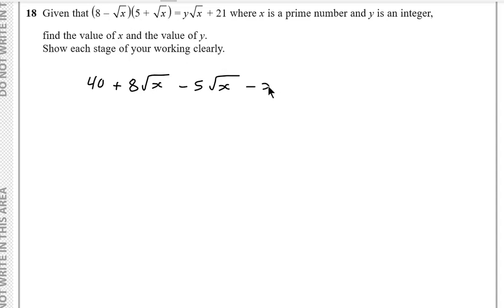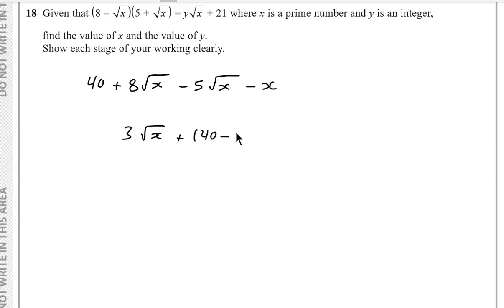Now collect root x together. 8 root x minus 5 root x will be 3 root x, and then plus 40 minus x.